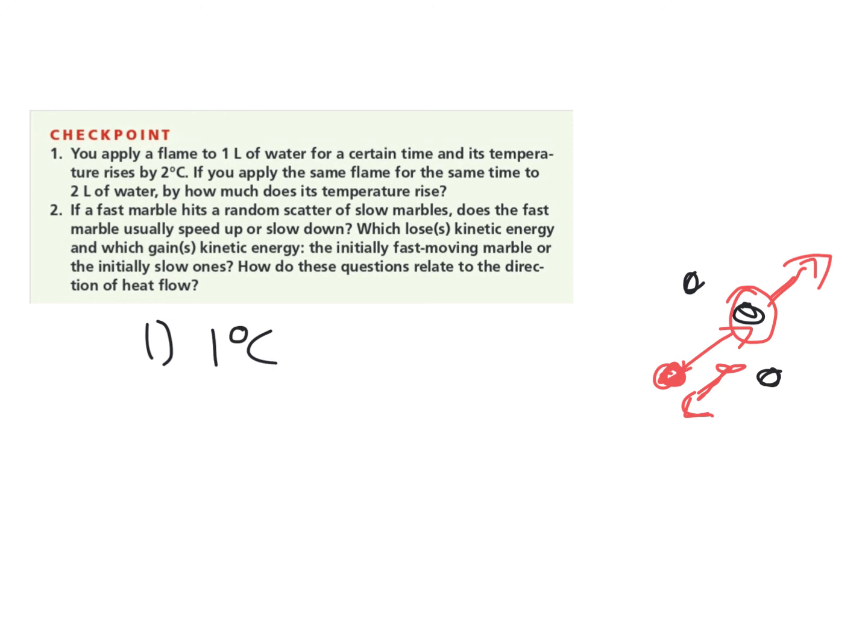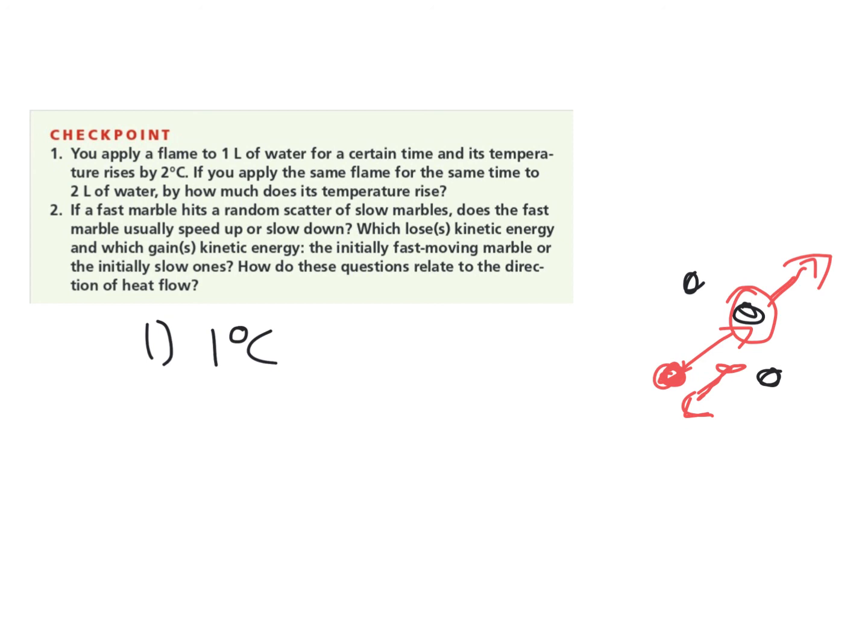And what this has to do with heat transfer is that it's the way that temperature changes can occur. You have the fast-moving molecules and atoms. They hit the slower-moving ones, and so the slower ones speed up and the faster ones slow down.